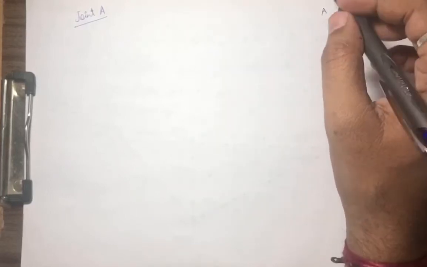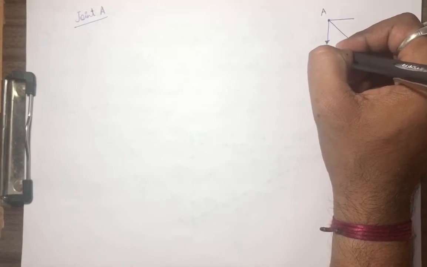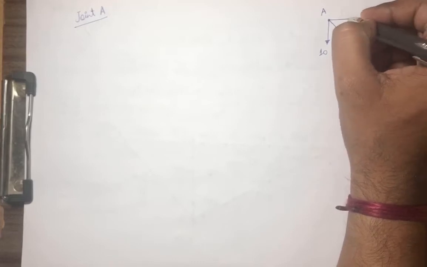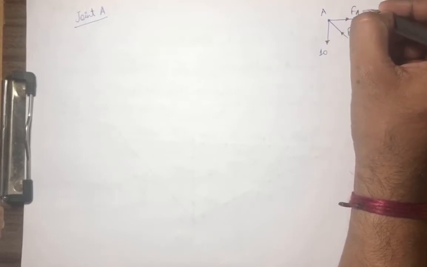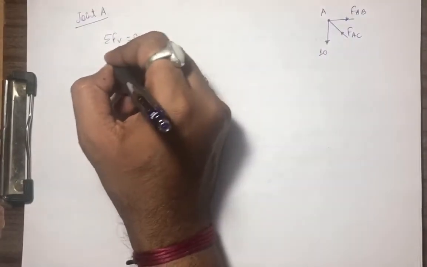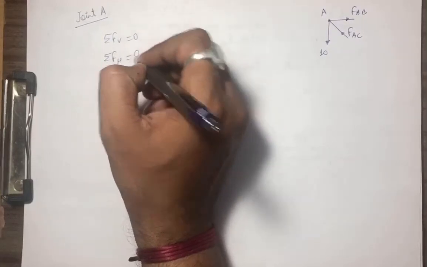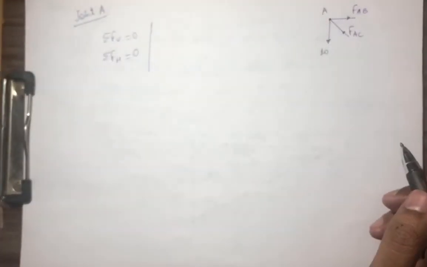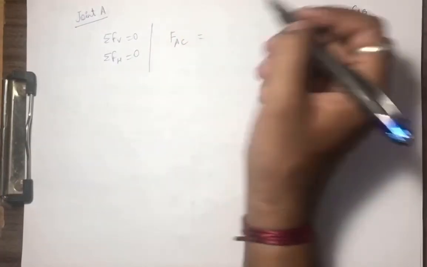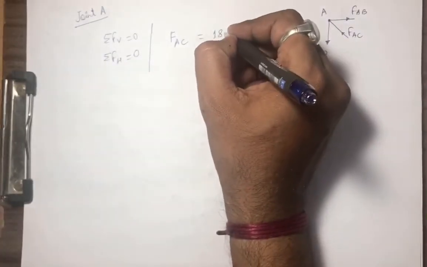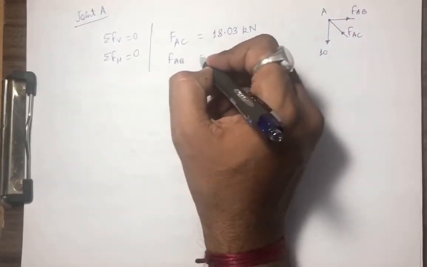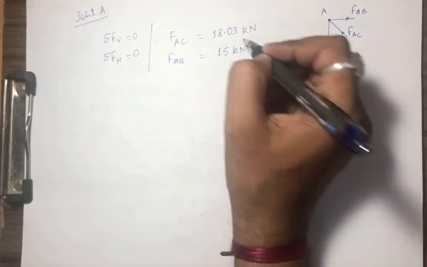The force was 10, and this is AC, and this is AB. So using these two equations, what are we getting? We are getting force in member AC coming out to be 18.03 kilonewton, and force in AB is 15 kilonewton.